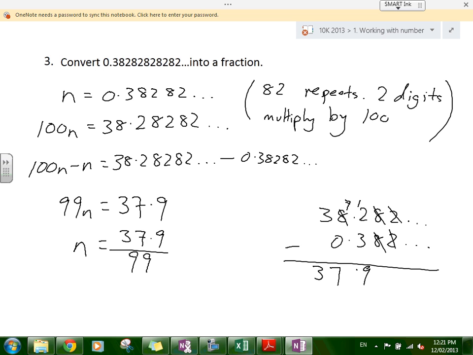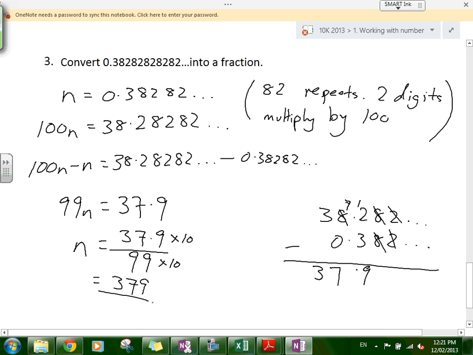What's the easiest way to get rid of this decimal place? I want to shift the decimal point to the right one place. What do I have to multiply it by? Times by 10, that's right. And in a fraction, I can keep the value the same as long as I multiply top and bottom by 10. So I'm going to multiply the top by 10, multiply the bottom by 10, and so we get 379 over 990, which I don't think can simplify.